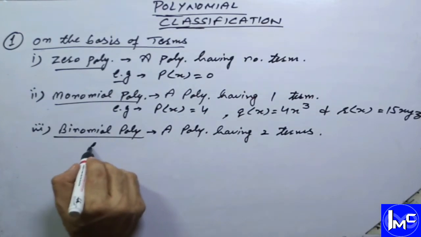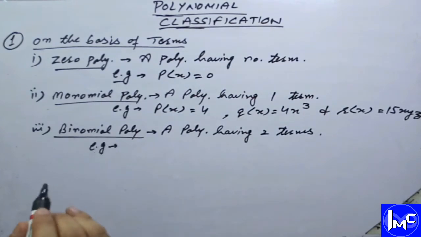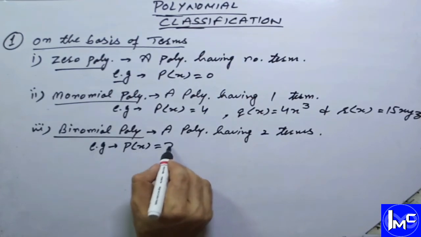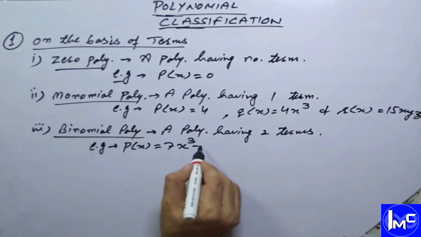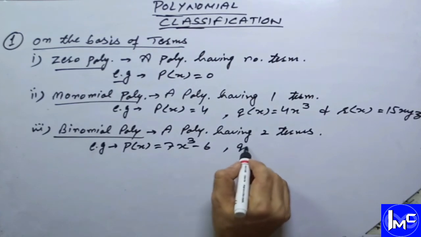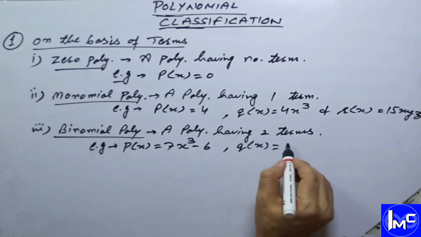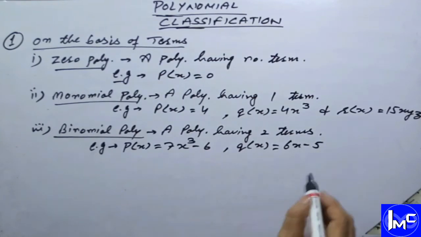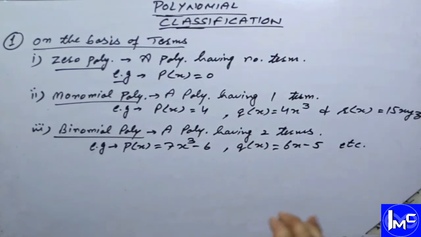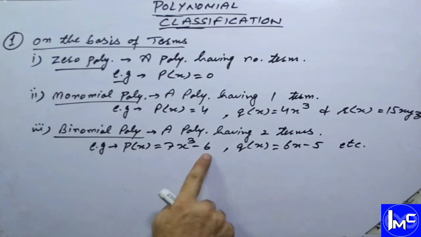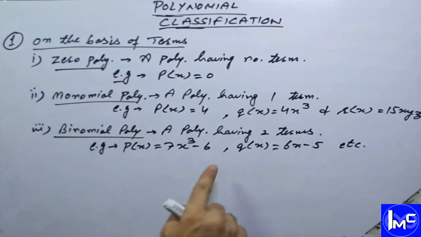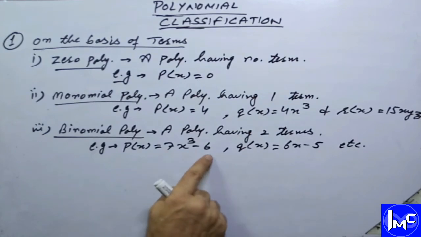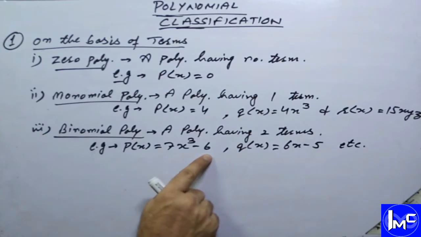For example, p(x) can be taken as 7x cube minus 6. q(x) is equal to 6x minus 5, etc. You can see here the polynomials have two terms, 6x minus 5, it is a binomial, 7x cube minus 6, it is a binomial.